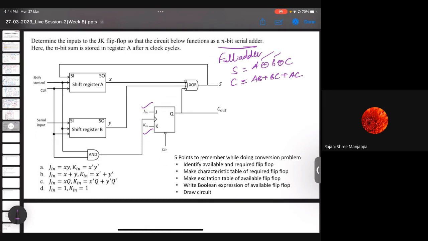I hope you have attended the last week's lecture. It will require some conversion of flip-flop. We have a JK flip-flop and we need to check the input of the JK flip-flop, and we'll do it by using these 5 major points that we always use.